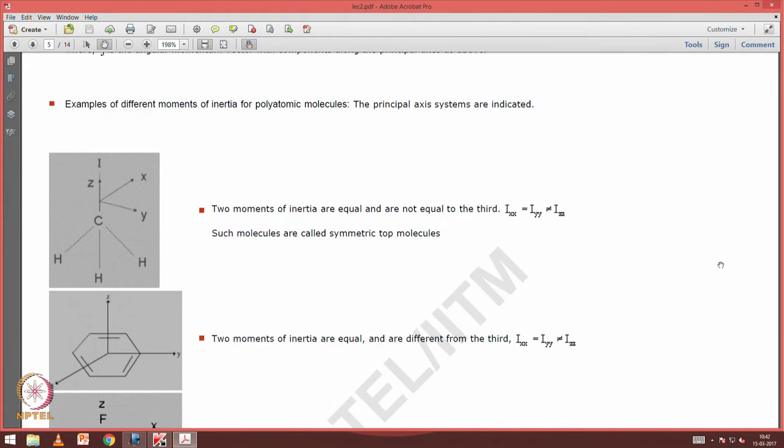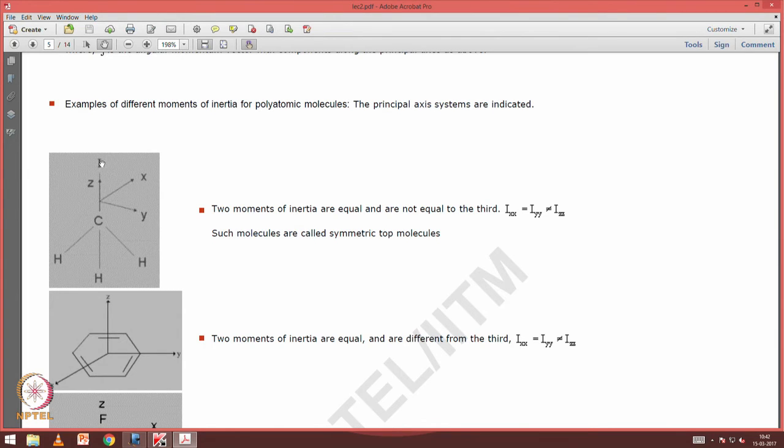For example, a molecule such as methyl iodide, in which the three principal axes are shown to you. The z axis is the C-I bond axis and the x and y axes are in a plane perpendicular to the C-I axis, and the center of mass is somewhere here.